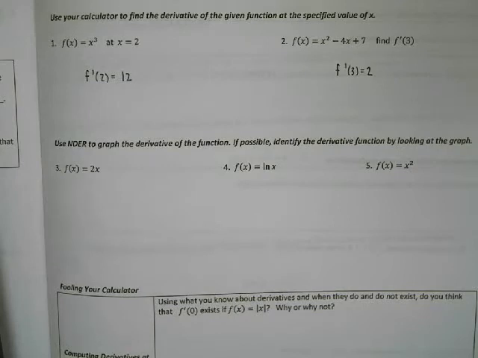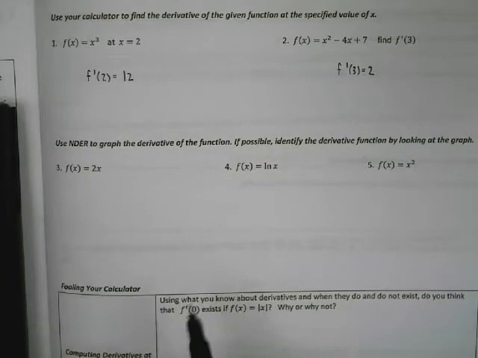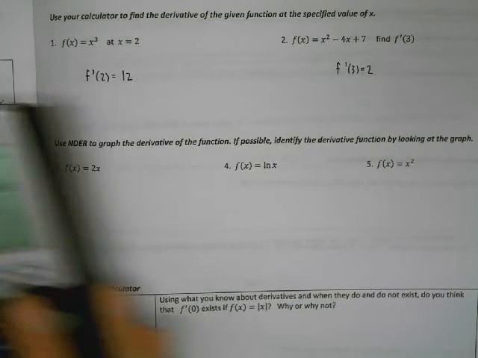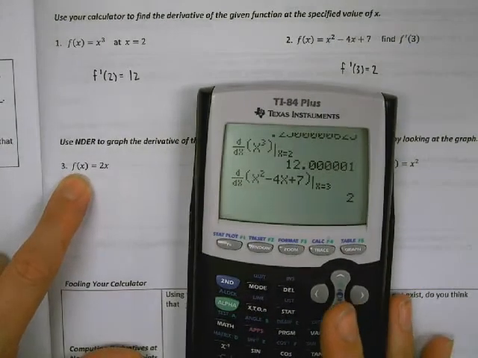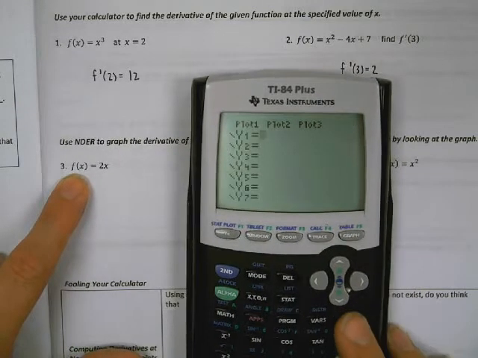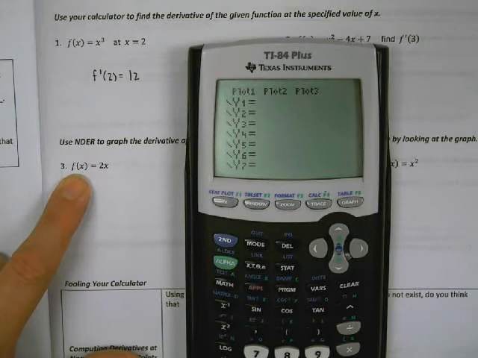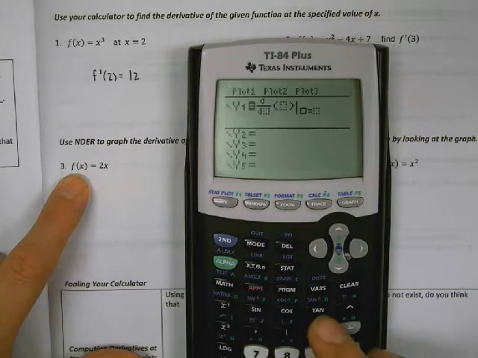Now, we can also use this same function in our calculator to actually graph derivatives of a function. So that's what we're going to do now, and there's one difference that I'll point out when we're graphing. So the first derivative we want to graph is the derivative of f of x equals 2x. So I'm going to go into my y equals. Again, I'm going to do math 8. So you can see I get that same notation.